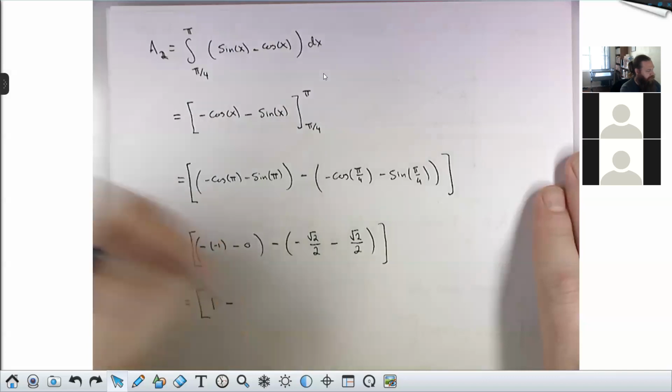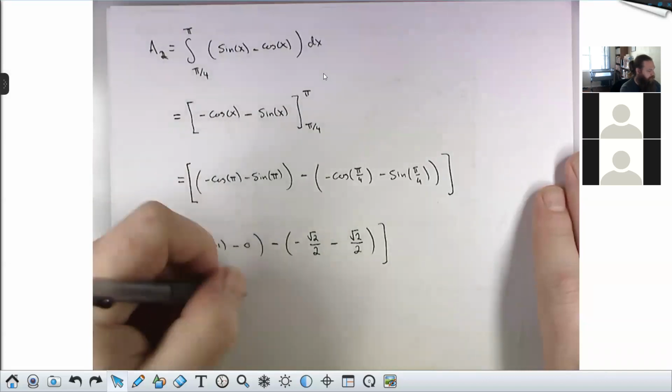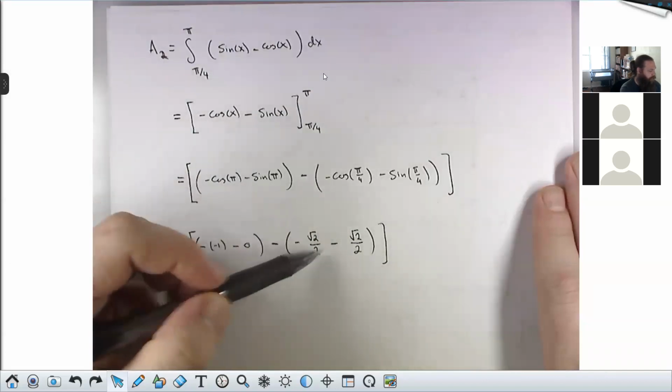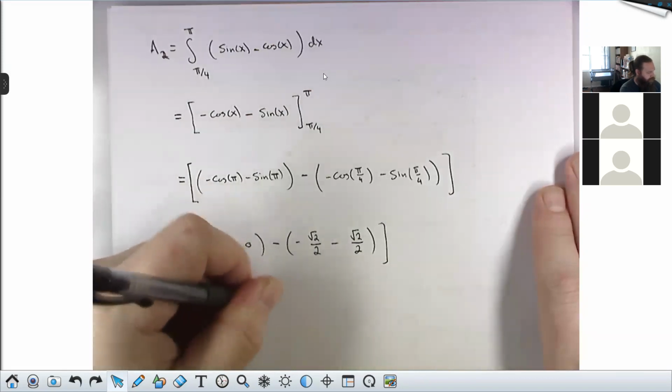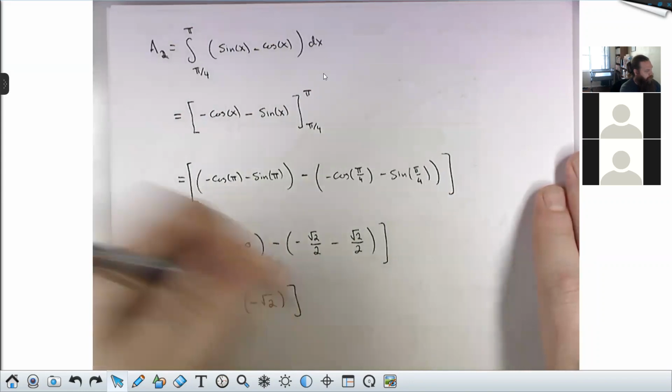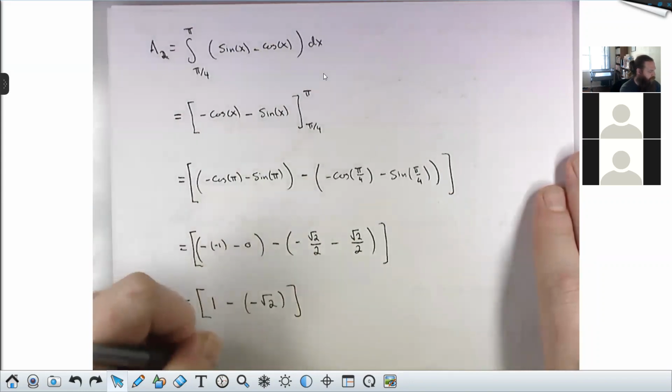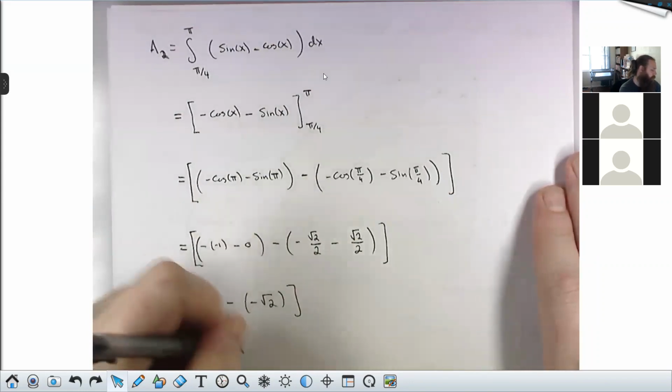Then we have minus here. And then negative root 2 over 2 minus root 2 over 2 is negative root 2. So this one comes out to 1 plus the square root of 2.